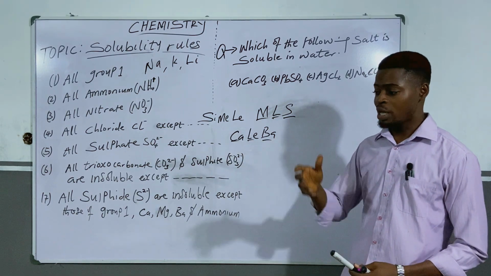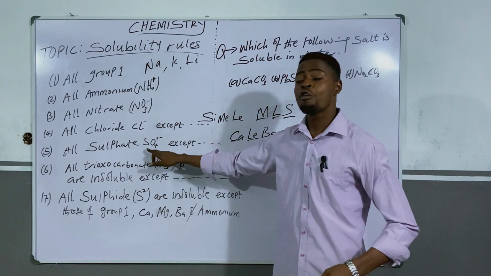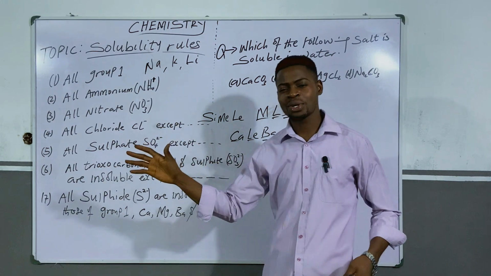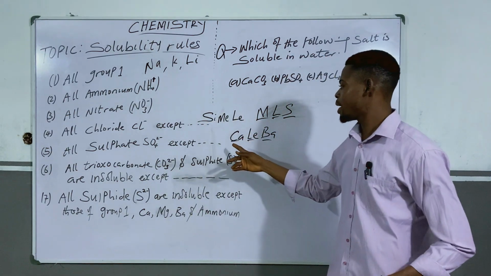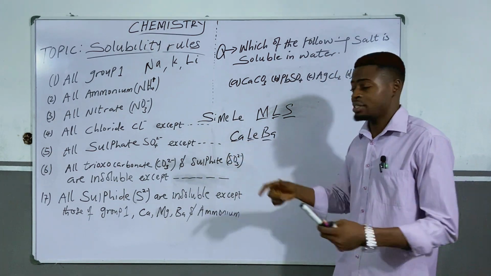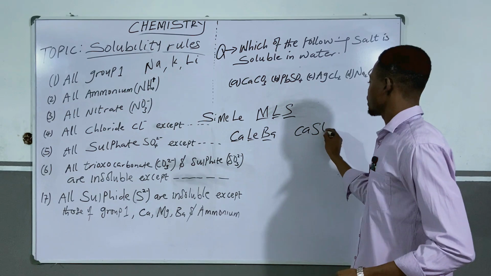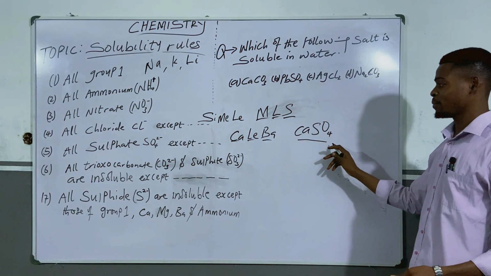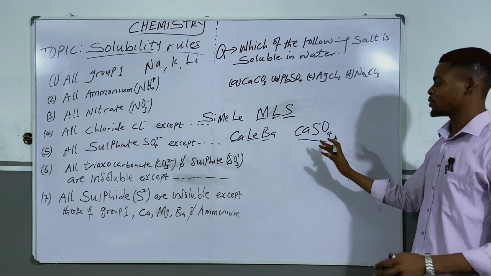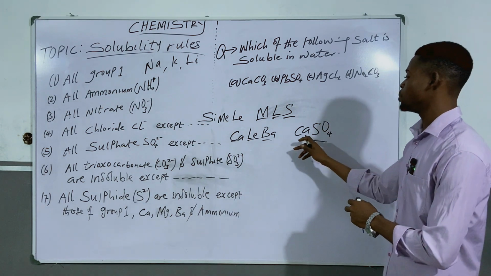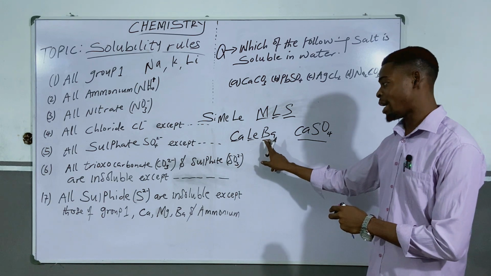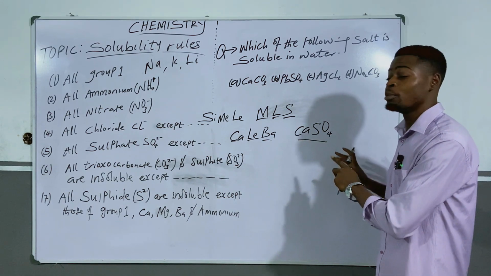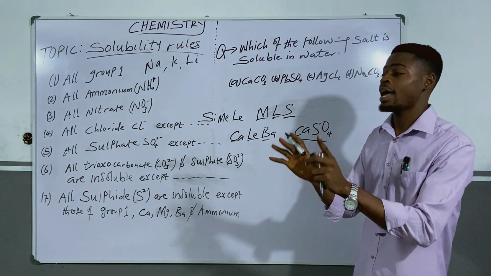Meaning that when you see a salt with SO4, it is soluble, except when you have it with calcium, such as calcium tetraoxosulfate(VI), which is insoluble. When you have a sulfate ion with calcium, lead, or barium, those are insoluble in water. But every other sulfate compound is soluble.